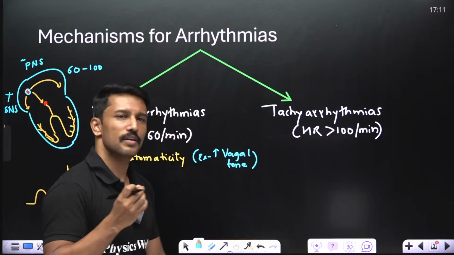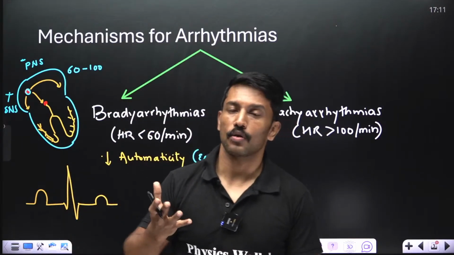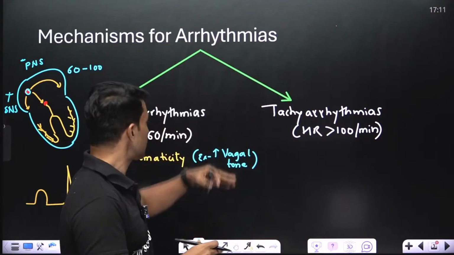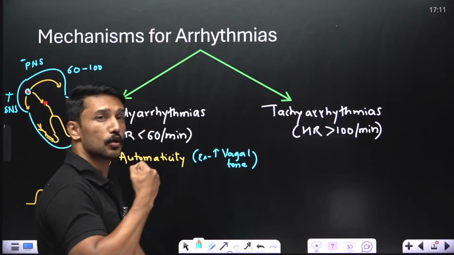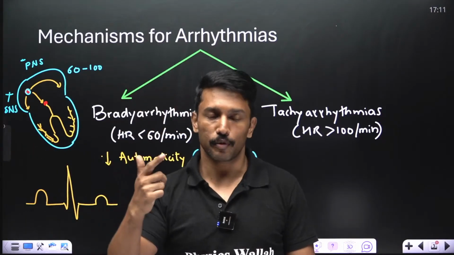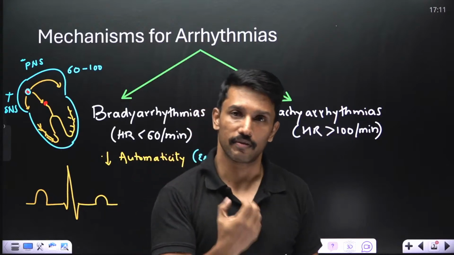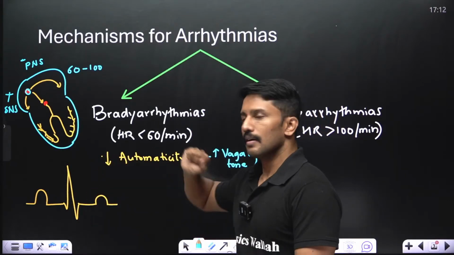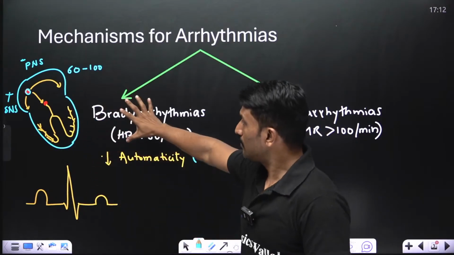Sometimes we say this vagal shock or vasovagal shock, right? That is where the vagal tone suddenly increases, dropping the heart rate to a critically low value, where maintaining the cardiac output becomes difficult. So your brain doesn't get perfused, so you can feel dizzy and develop syncope, right? That is one mechanism where we can develop bradyarrhythmias.